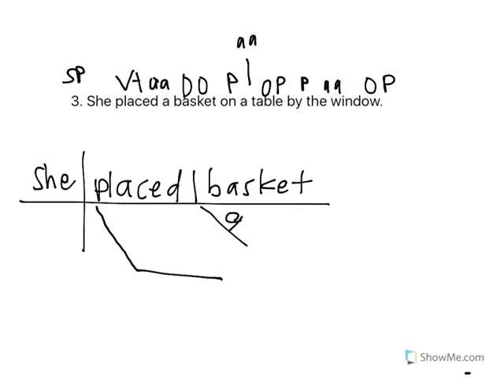Where did she place? On a table. On table, a table. Now the second prepositional phrase is actually modifying table. It's indicating where the table was, by the window.